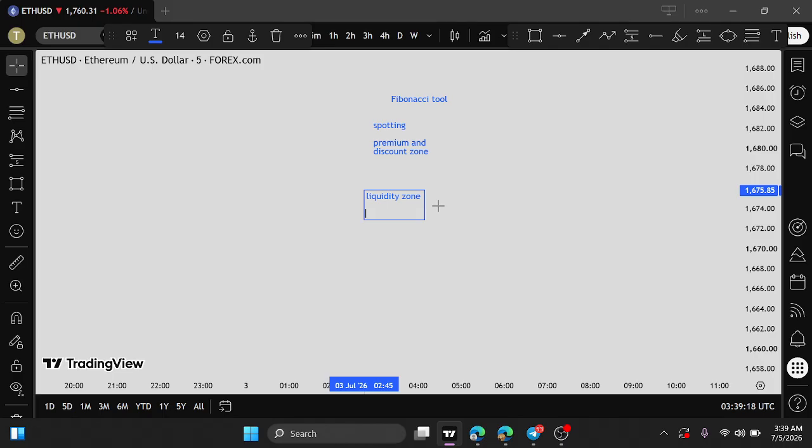And what is the rule that guides in using the Fibonacci on the liquidity zone? Liquidity must be on top of the 50% fib level, slightly below it, and above it a little.